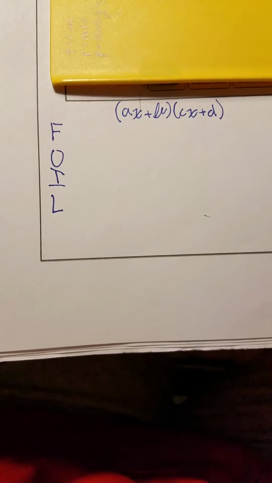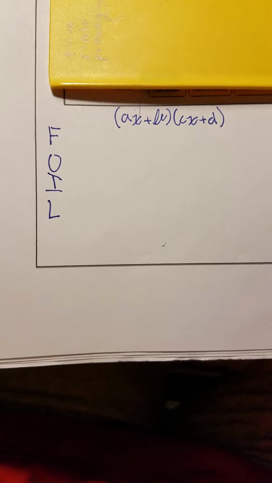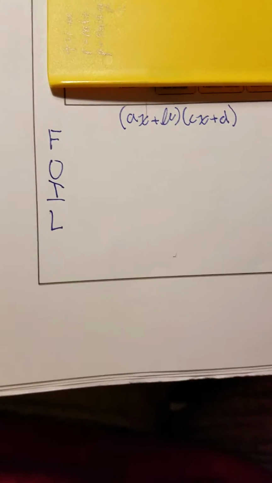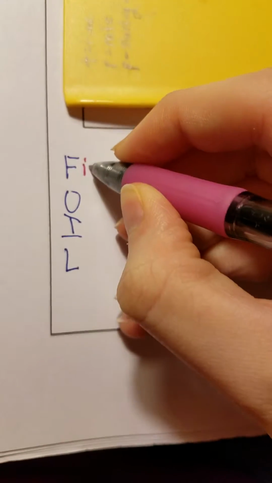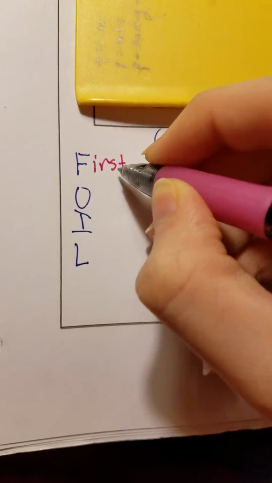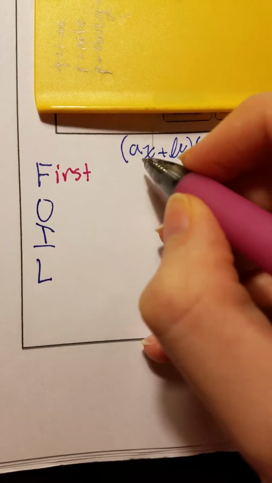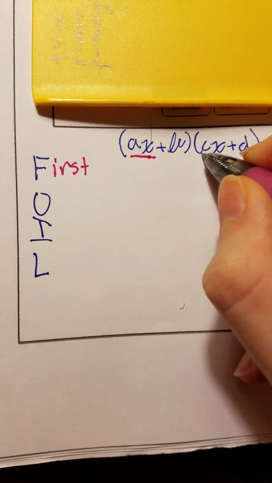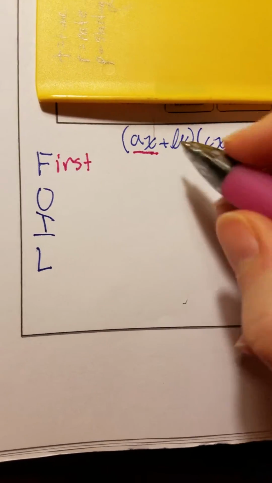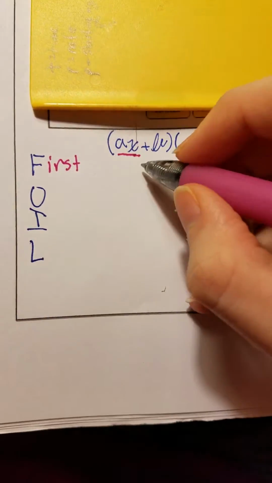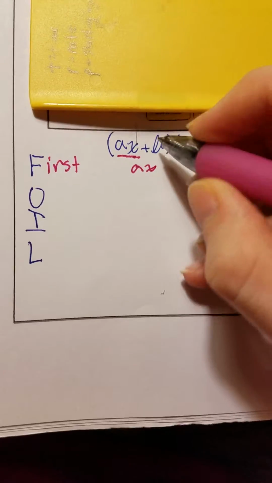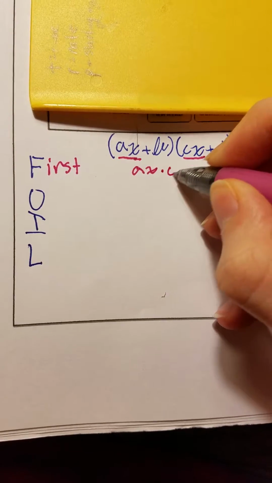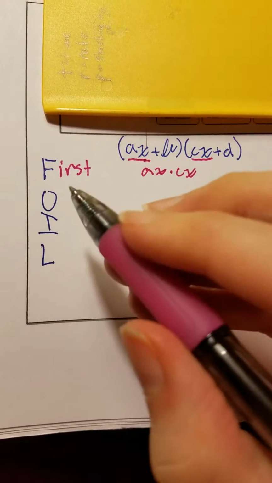The first step has a pretty great name because it is basically telling you what's first. The first step of FOIL is first, F, first. With the first one, you are multiplying the two first terms of each binomial here. So this would be AX times CX.